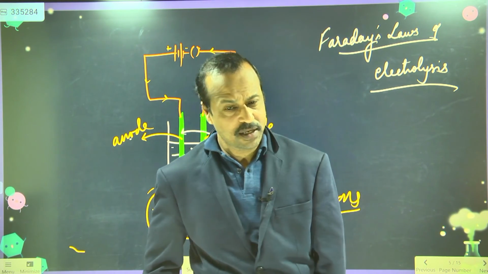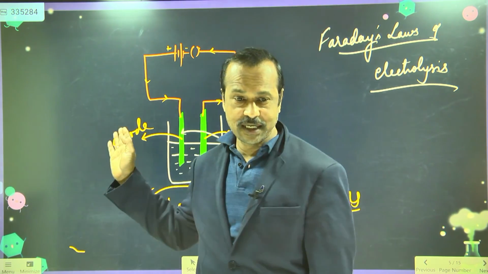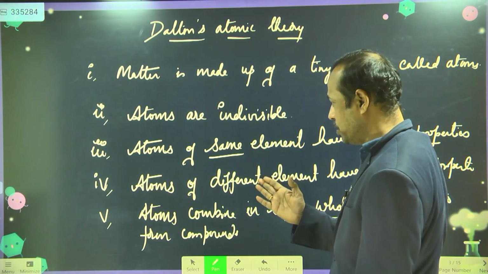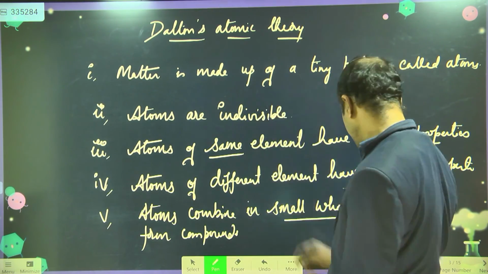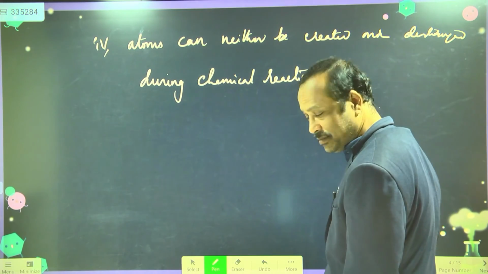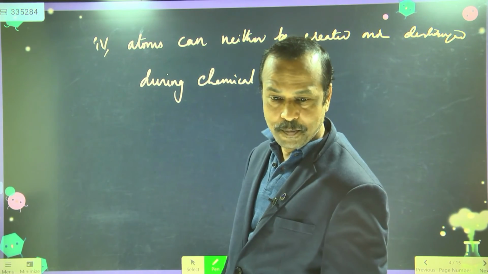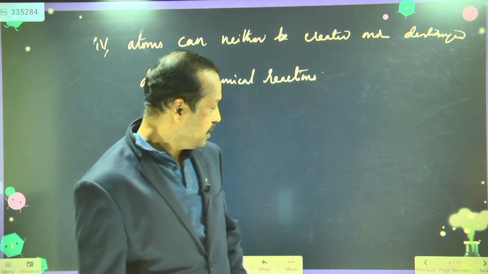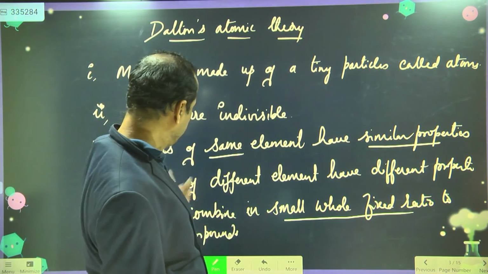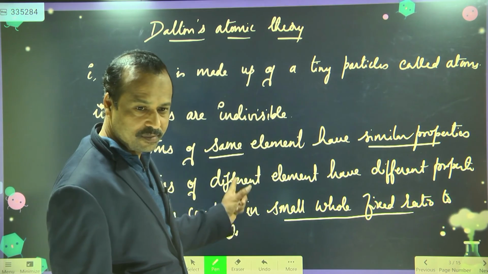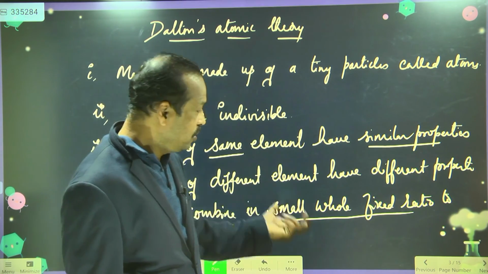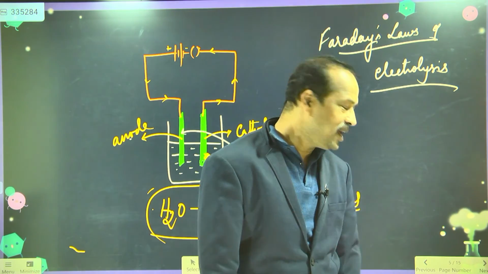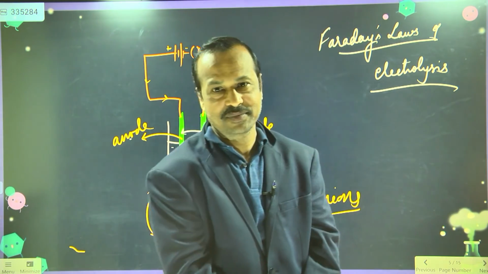According to Dalton's atomic theory, which we already studied, we studied all its properties, but the word charge never came up anywhere. Anywhere in the atomic theory, can you see the word charge? No.